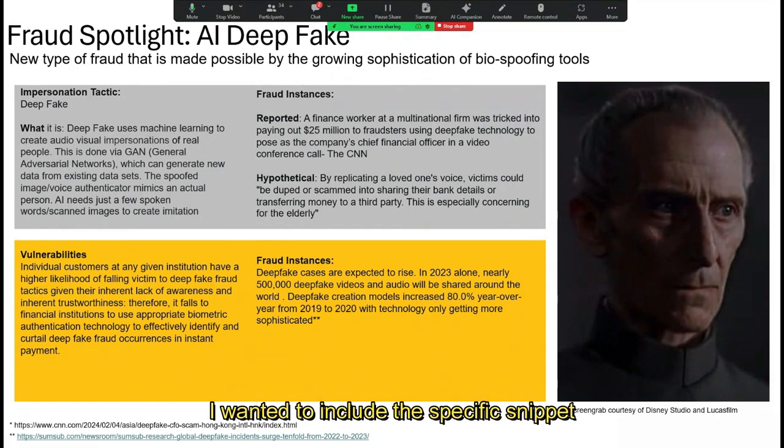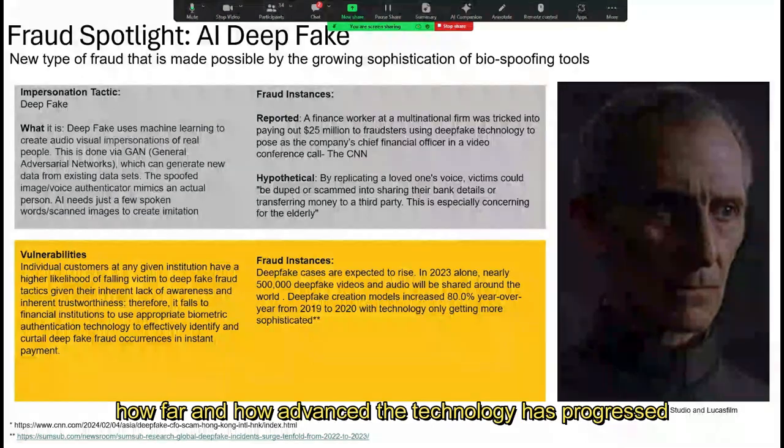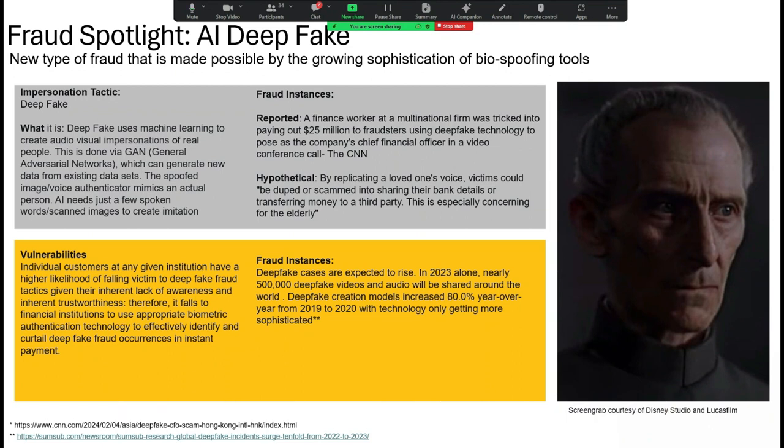I wanted to include this specific snippet because this was the very first instance where an AI-generated likeness and AI-generated voice patterns were used for a major Hollywood production in a number of scenes. And I think that in and of itself is an indication of how far and how advanced the technology has progressed.